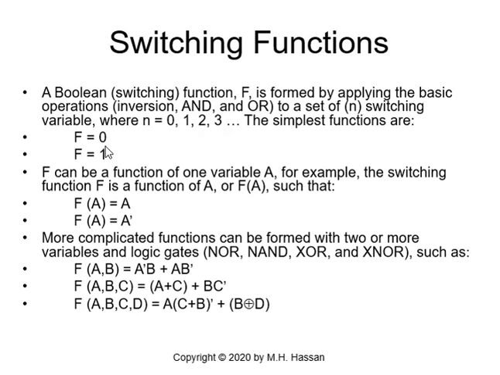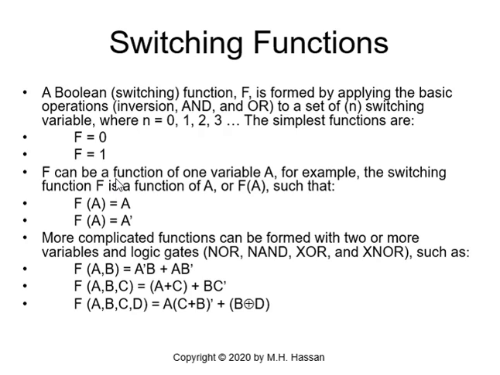Now in TTL, how we implement this function is coming in the next slide. I'll show you how to implement those two simple functions. But in TTL, 0 represents 0 volt. TTL stands for transistor-transistor logic, where F will be equal to 0 at 0 volt, and 1 will be equal to plus 5 volt.